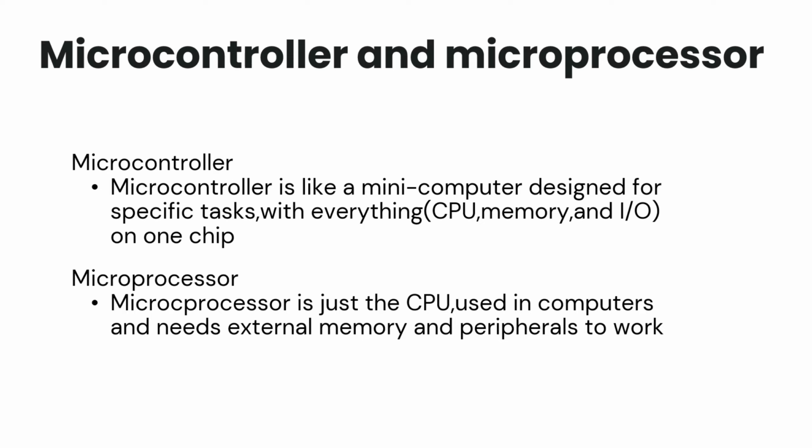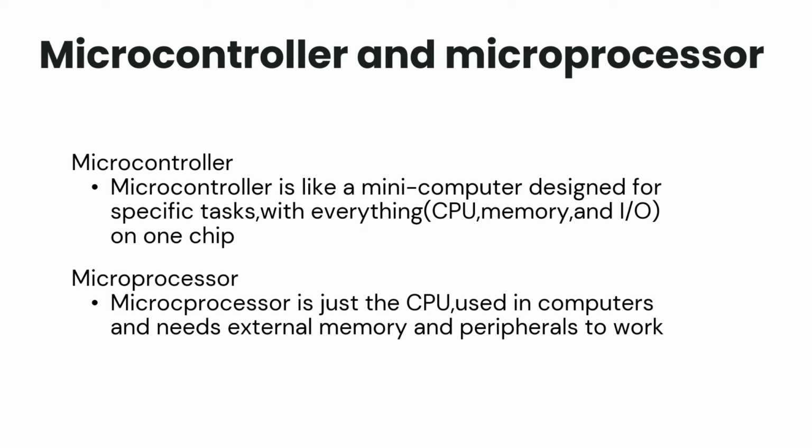Unlike a microcontroller, a microprocessor does not contain internal memory or input-output peripherals. Instead, it requires external components such as RAM, ROM, storage devices, and input-output interfaces for functioning properly. Because of this, microprocessor-based systems are generally larger in size, consume more power, and are more complex in design.